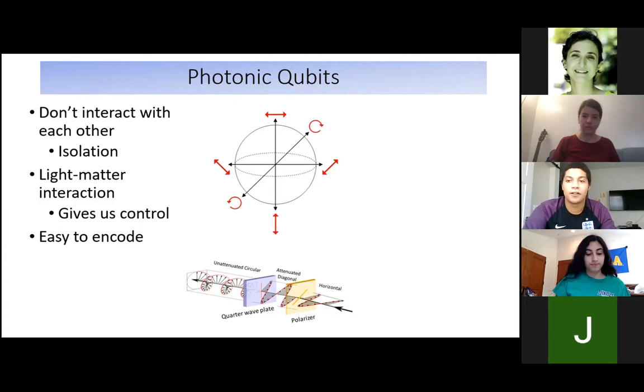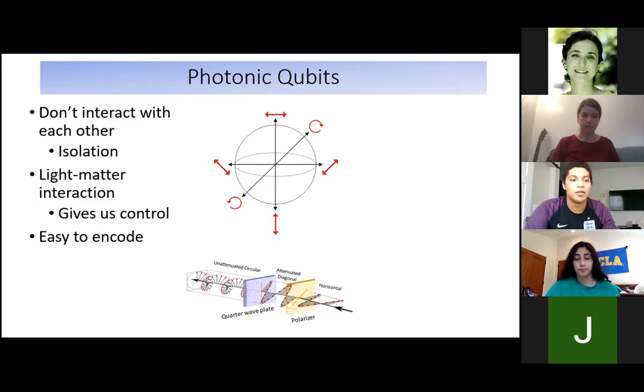And you can draw a very similar picture to the sphere with the superposition for a qubit for the polarization states of light, where I can have them linearly polarized and they're just orthogonal to each other, or I can have my field rotating in time and it either goes clockwise or counterclockwise, or we usually call it left hand or right hand circular polarization.